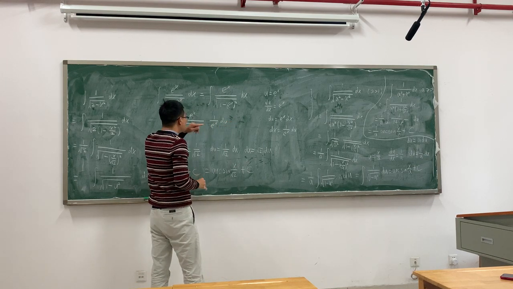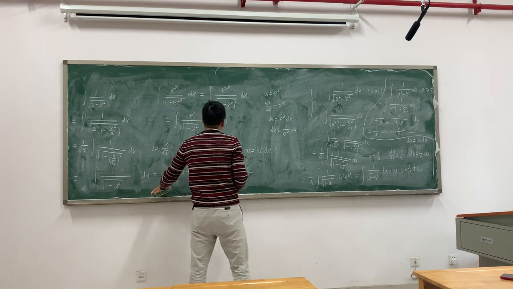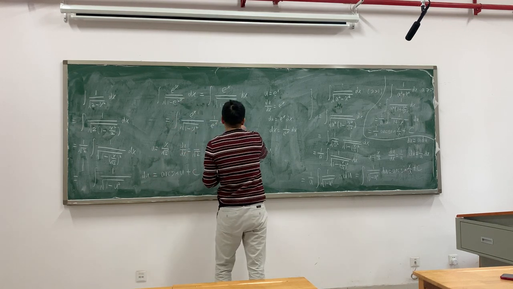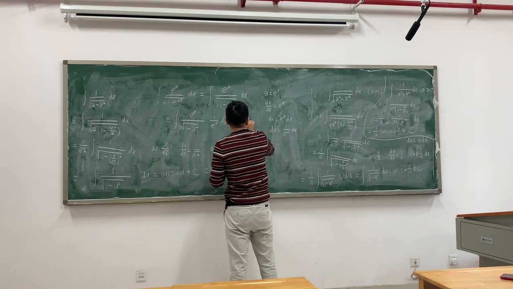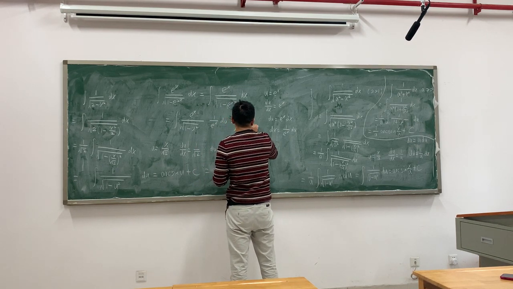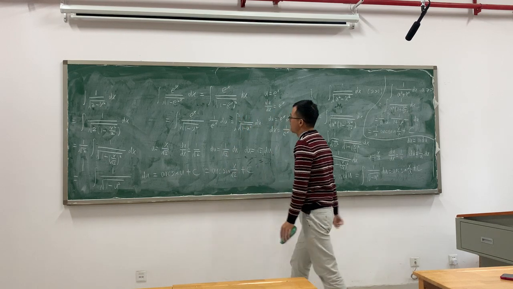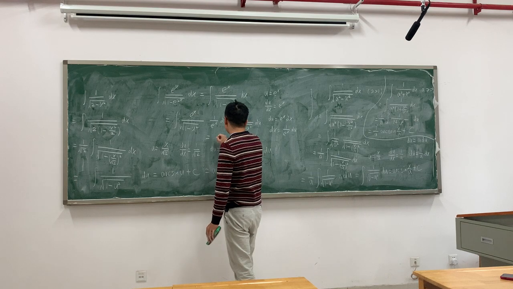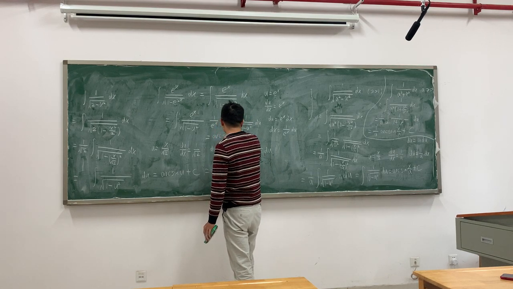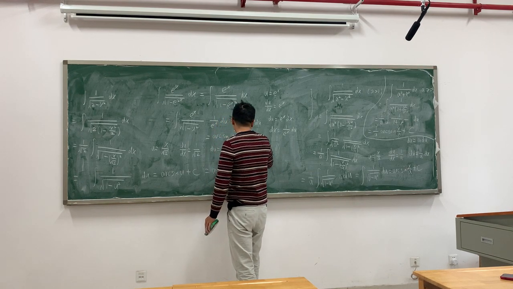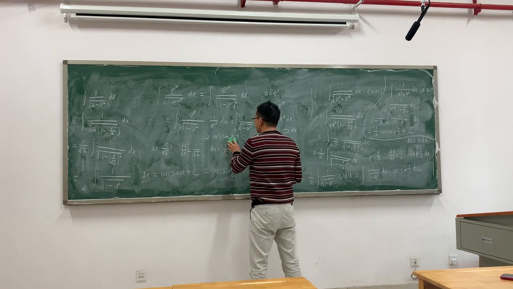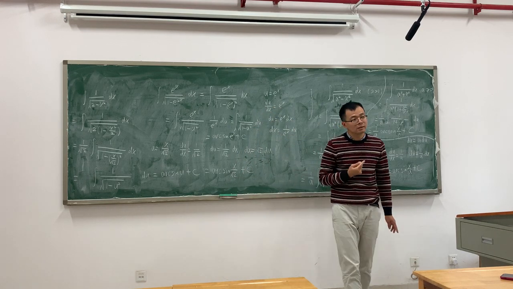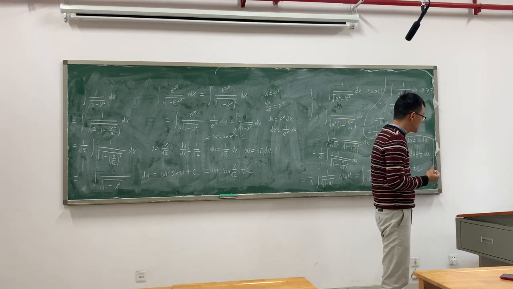So e^x cancels, and here is 1 by the square root of 1 minus u squared du. So the result is arcsin u plus c. We replace u by e^x. So the result is arcsin e^x plus c. Okay, so this is the result.